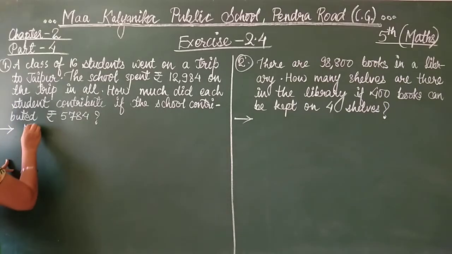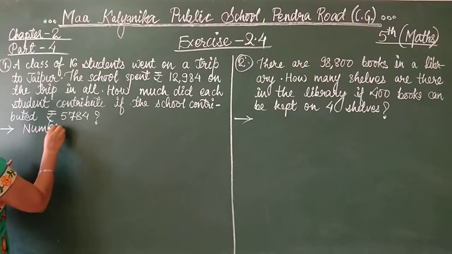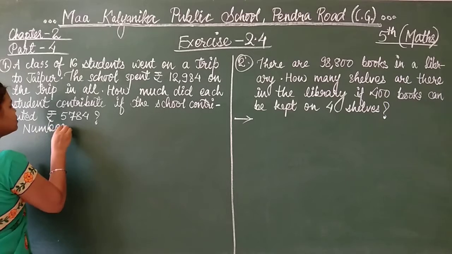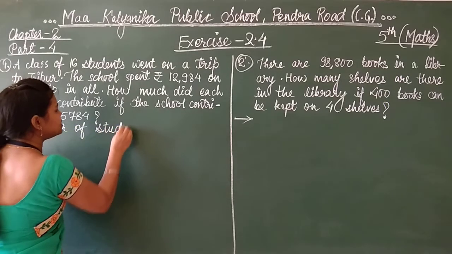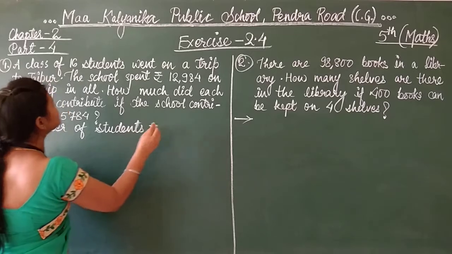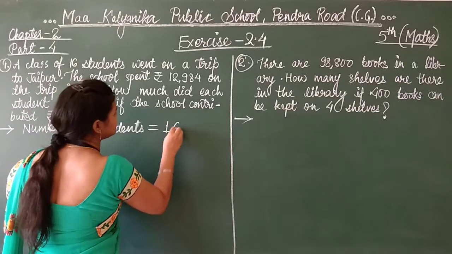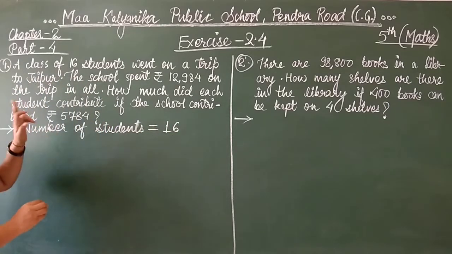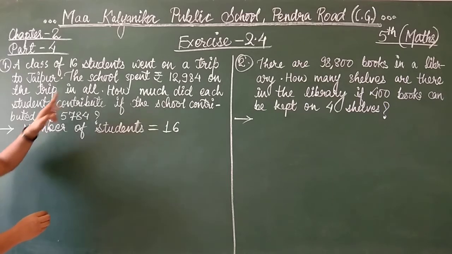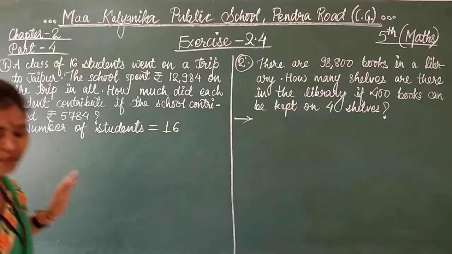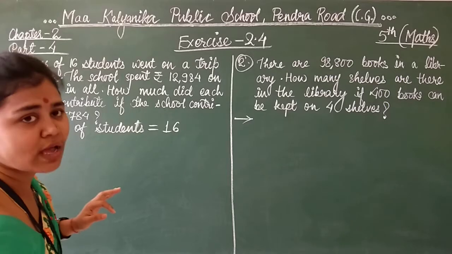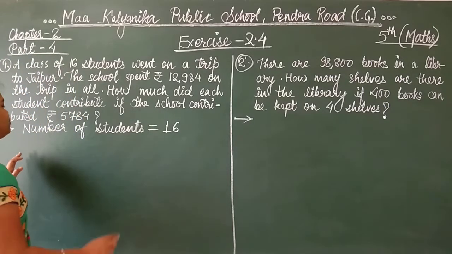So first, the given thing is number of students. How many students are there, beta? 16 students are there. Now, went on a trip to Jaipur. The school spent rupees 12,984.